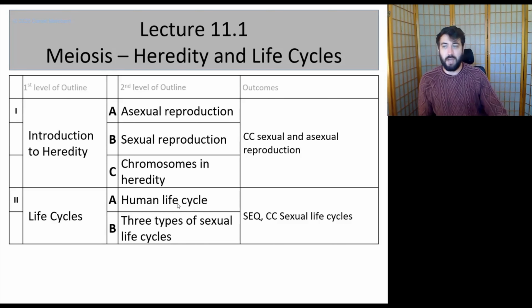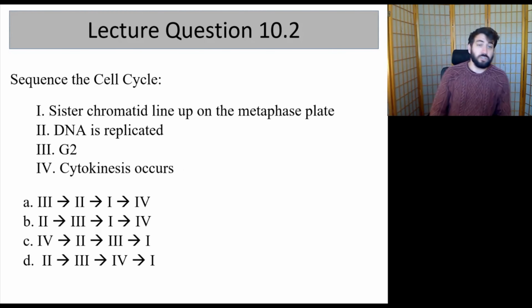So we'll talk a bit about heredity, including asexual reproduction and sexual reproduction, as well as how chromosomes are involved in those processes. Okay, before we get to lecture 11.1 though, let's do lecture question 10.2, sequence the cell cycle. There you go. Have at it. And see you next lecture, lecture 11.1.